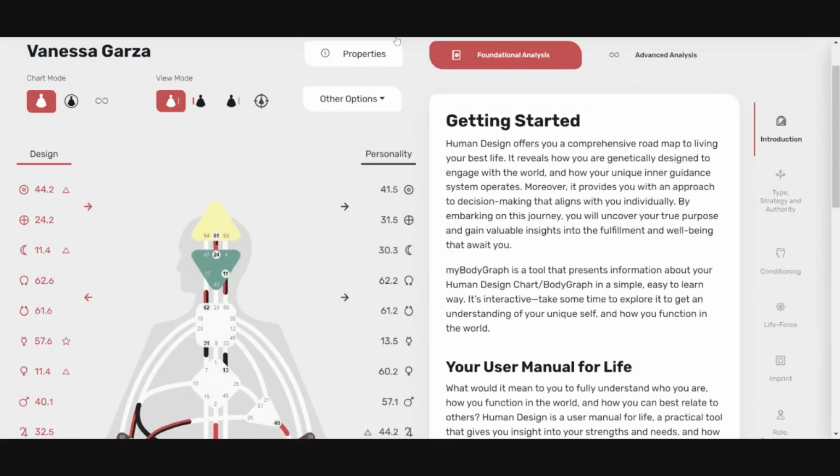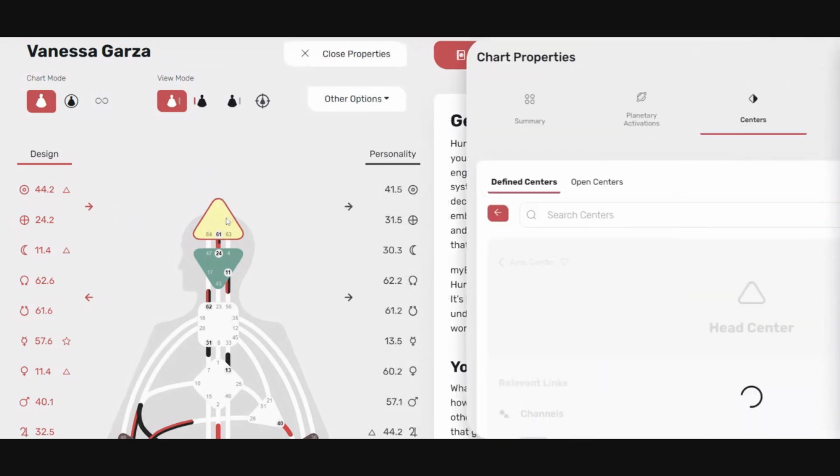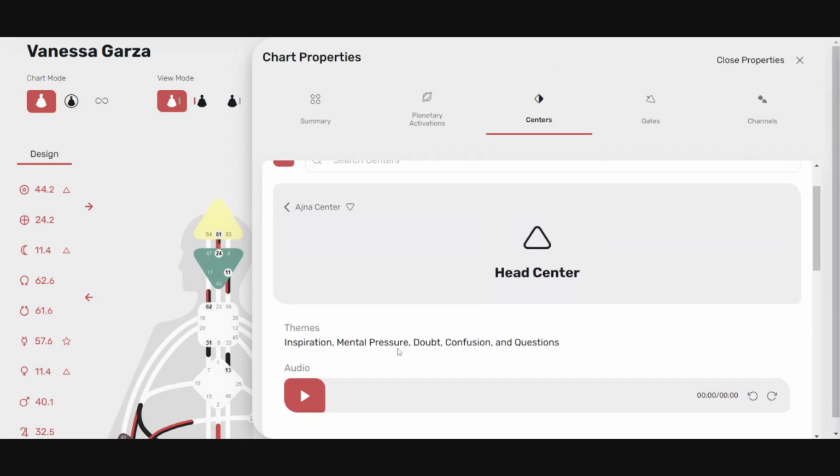And what we're also doing in the program is going through exercises on how to embody these things, because it's one thing to learn, oh, okay, this is the head center, and the head center is for inspiration, mental pressure, and that's all one thing, right? But then we get to practice it. What does it mean when I'm feeling this pressure? What does it mean when I'm in this confusion? And how can I get out of this confusion so I can manifest what I want? How can I recognize when I'm in my not-self, which we're going to talk about as well, and move into my signature?